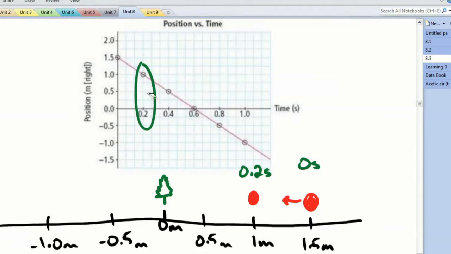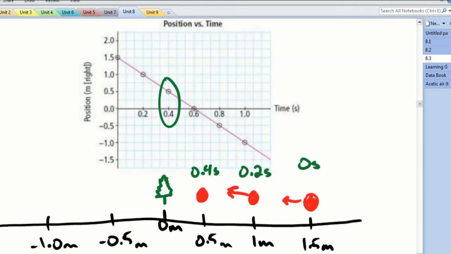All right, let's look at the next one. The next point says at 0.4 seconds, my object is 0.5 meters to the right. So here's my red ball. This is at 0.4 seconds. So again, the ball is just rolling to the right.